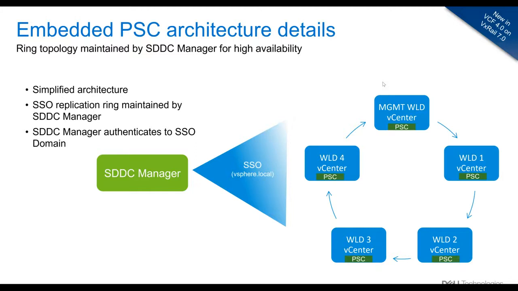And we do this by leveraging a ring-based replication between all of the vCenters that are deployed in our Cloud Foundation environment. And so there's always this protection, no matter which vCenter may fail, that PSC set of data is always going to be available on any of the other vCenters that are deployed in the environment.